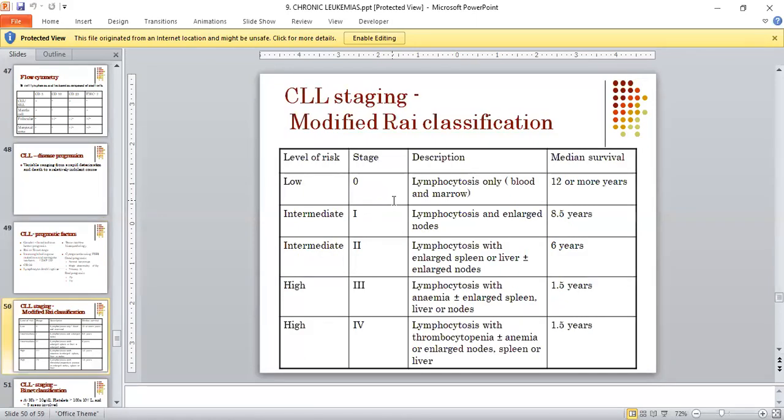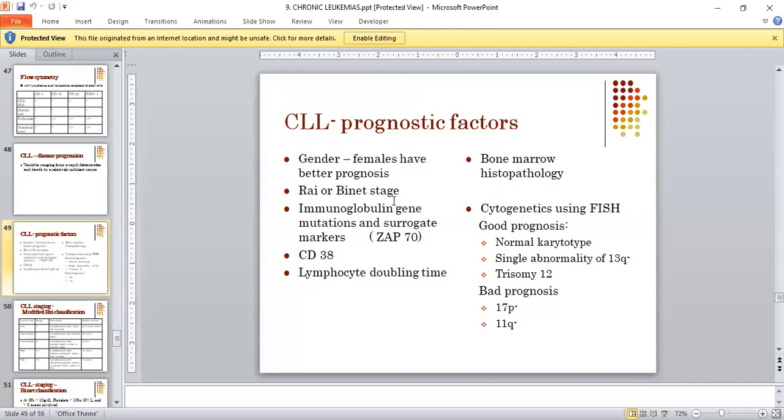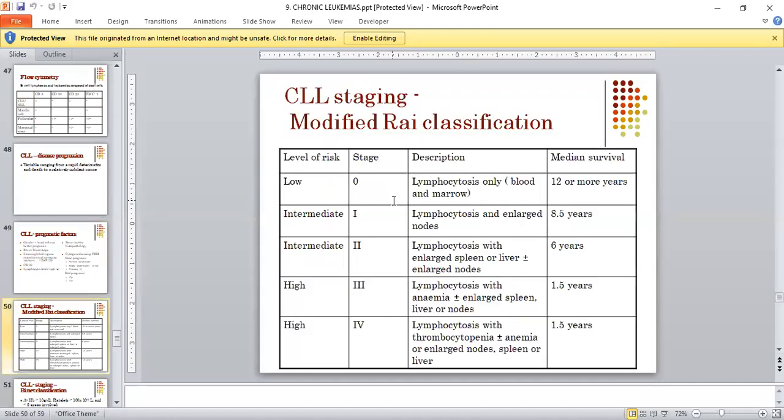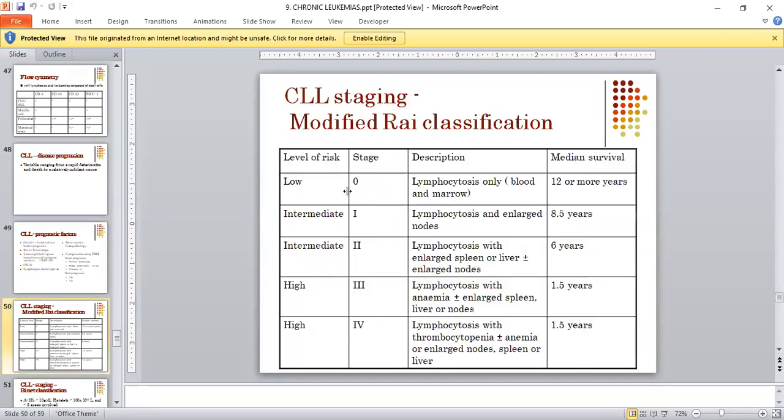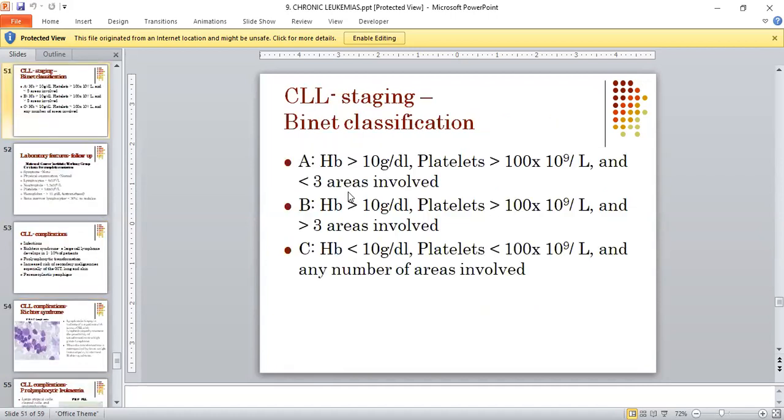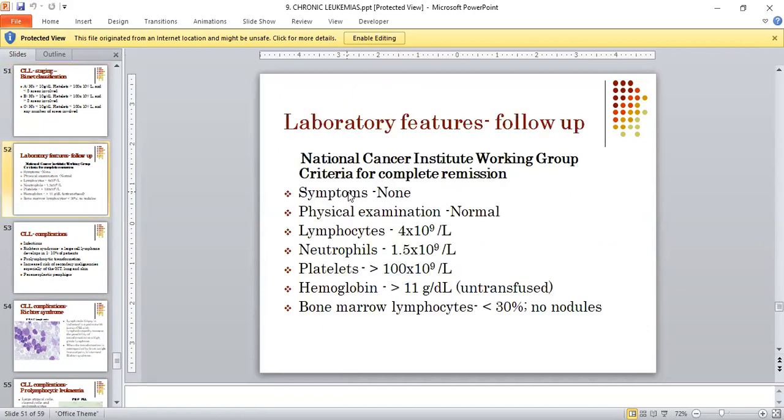And this now is just based on the classification, as we've said here, you can use the Rai or the Binet staging classification. These ones you just read for yourselves. There's no real way of understanding, so you just have to know.